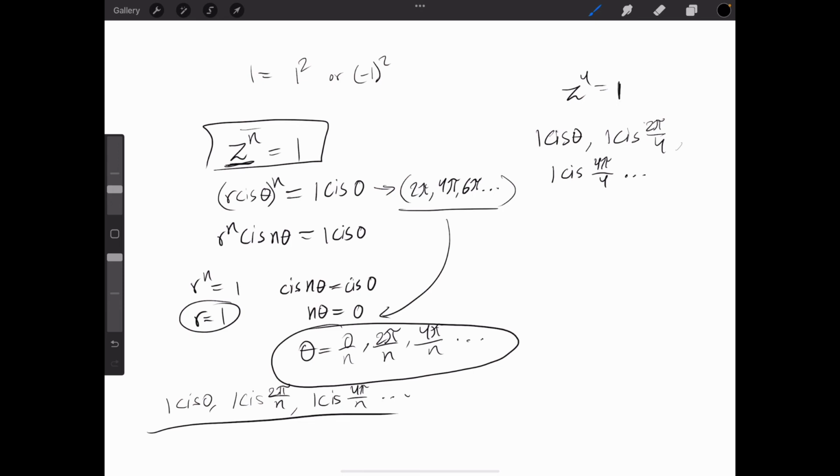And we can simplify these, because this one just becomes pi over 2, and this just becomes pi. So that gives us each solution.